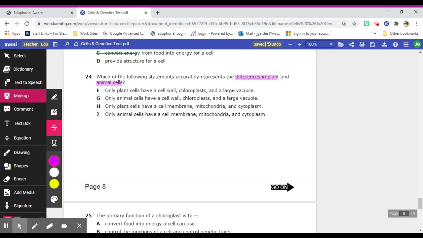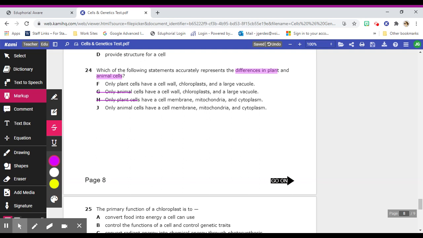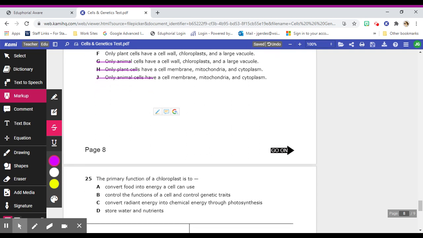G, only animal cells have cell wall. Well, I know that's not true because we don't have cell walls. We have bones. Only plant cells have cell membrane. Oh, I know that's not true because we have a cell membrane and we're animals. Only animals have cell membrane, mitochondria, and that's not true either because I know plants have them. So 24 is F.